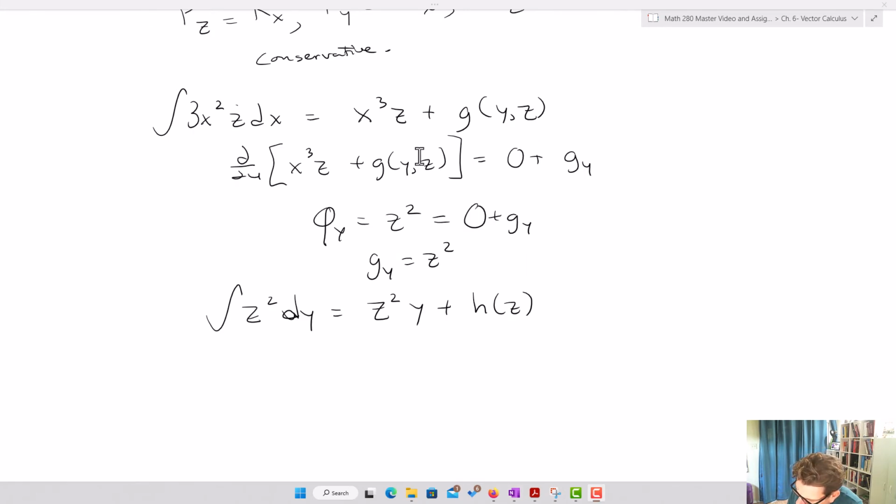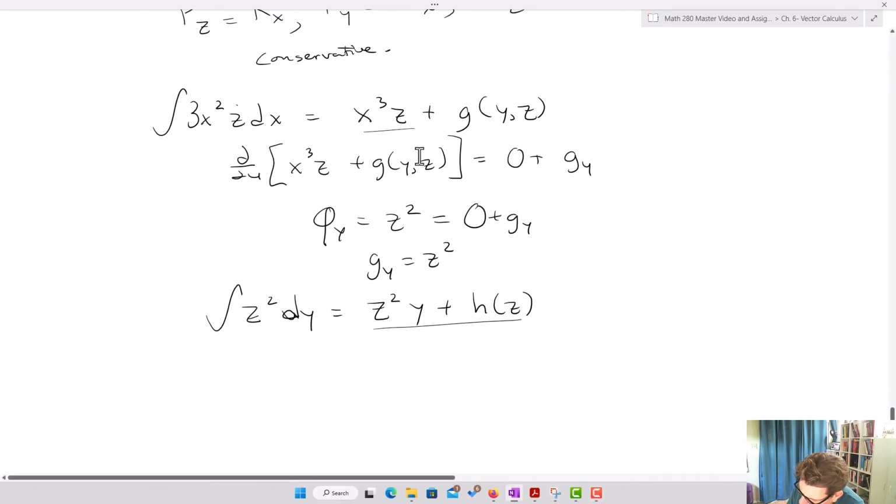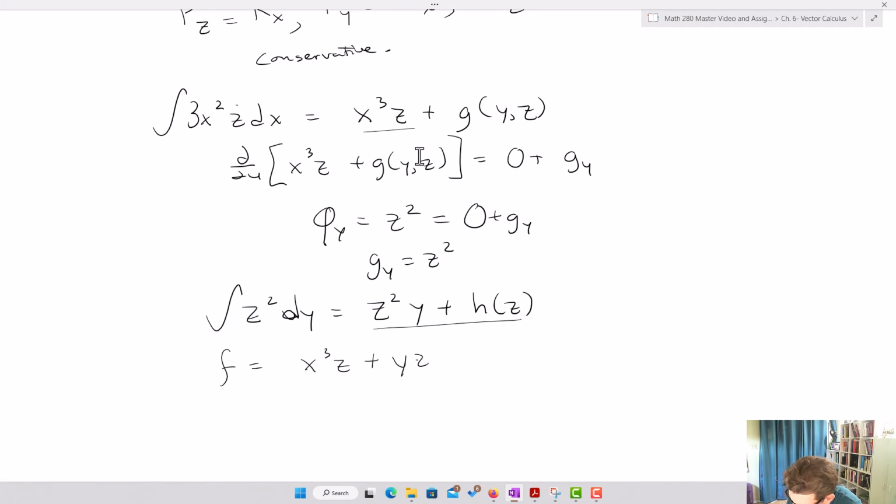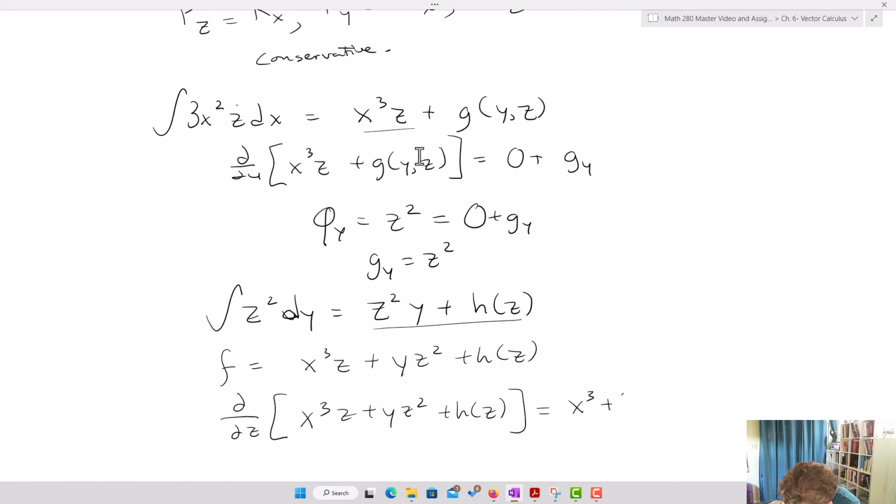We're now going to add this on to x cubed z. So we now have that our function f is going to equal x cubed z plus y z squared plus h of z. And now I'm going to take the derivative with respect to z. That ends up equaling x cubed plus 2zy plus h prime of z.